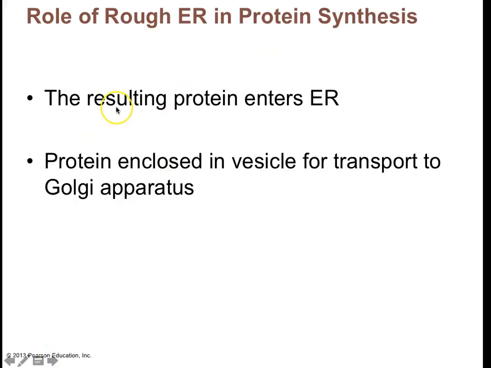Most of the proteins that are made go into the endoplasmic reticulum, specifically the rough ER, because rough means it has ribosomes. So the ribosomes are the place where the protein is made. The protein then enters the endoplasmic reticulum, this tube-like structure that then moves down and eventually gets transported probably to a Golgi apparatus, which will concentrate it and either export it or import it.